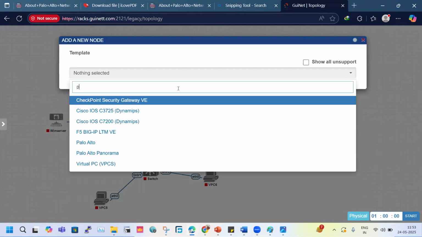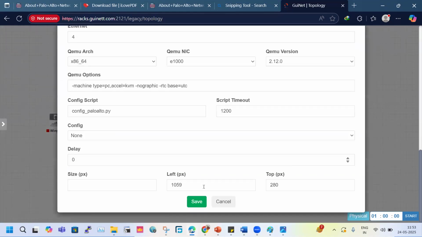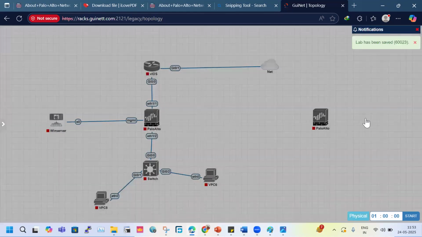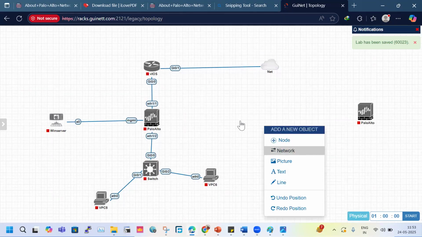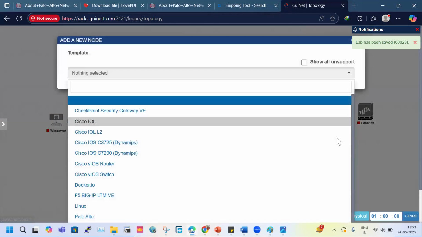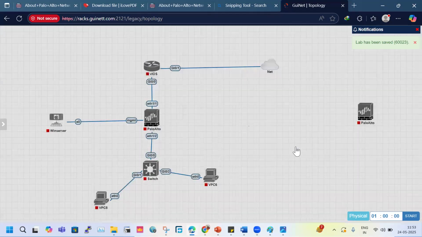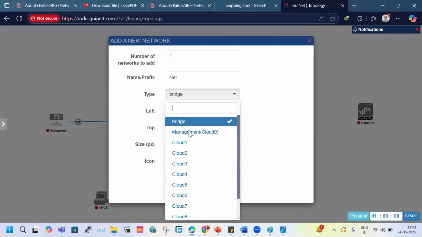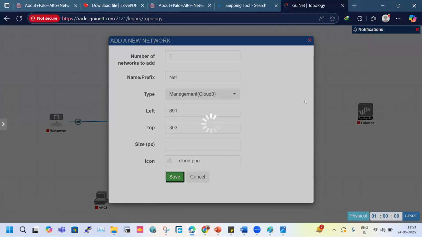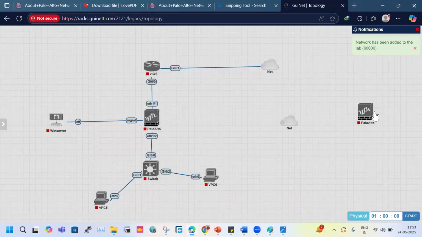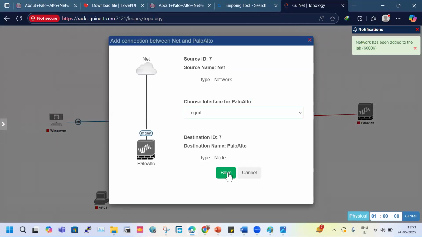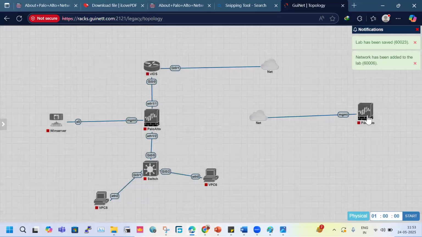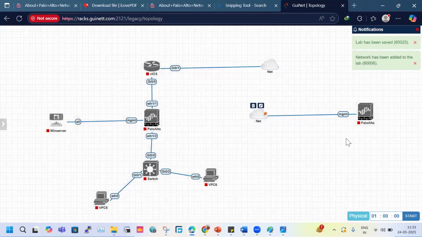Accordingly, I can build the lab. Suppose I want to connect it with the management. You can turn it on, then you are good to go.